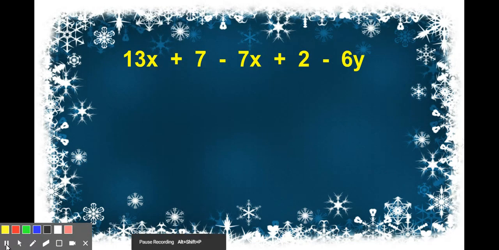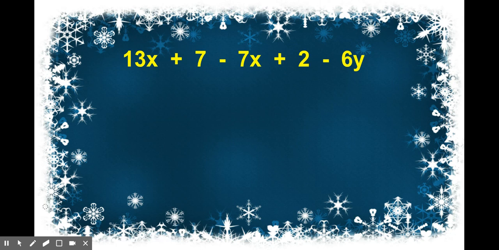We're going to take a look at another example. We have 13x plus 7 minus 7x plus 2 minus 6y. First, I'm going to look at my first term. I have a 13x. So I'm going to look at the rest of my expression and say, okay, where are my other x's to the power of 1?